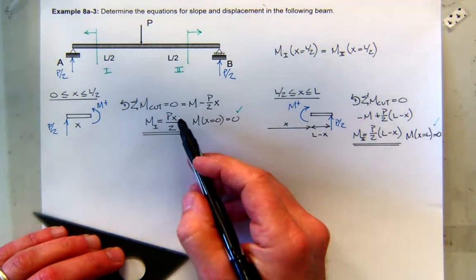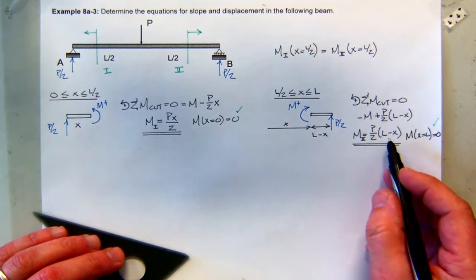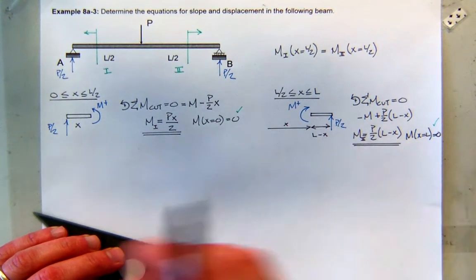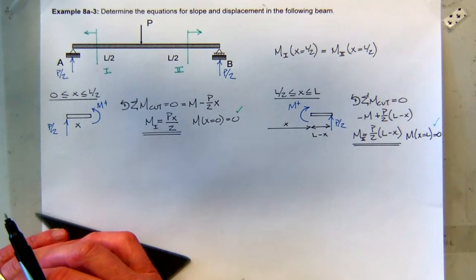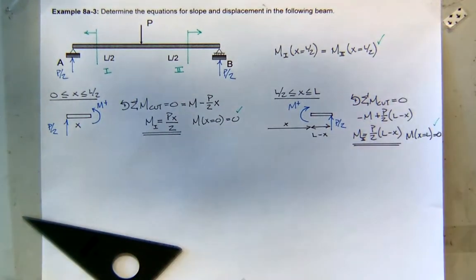And if you plug in L over 2 here, you get PL over 4, and you plug in L over 2 here, you get PL over 4. So they match. So that's pretty good. So far, so good, right?